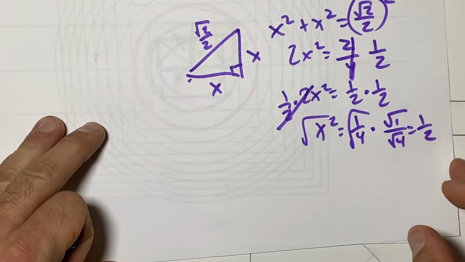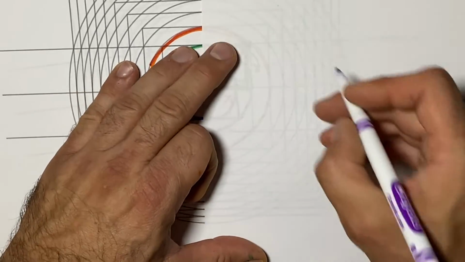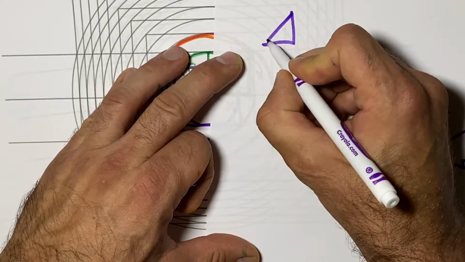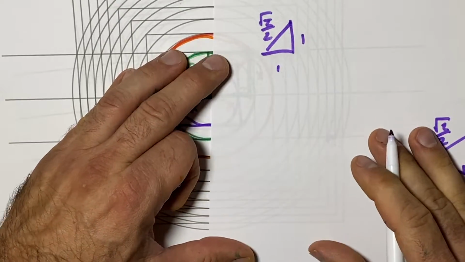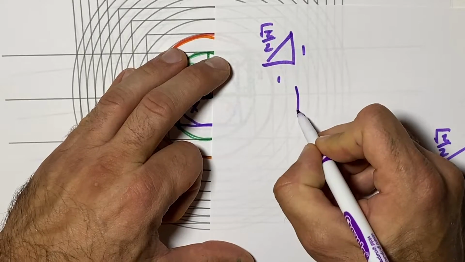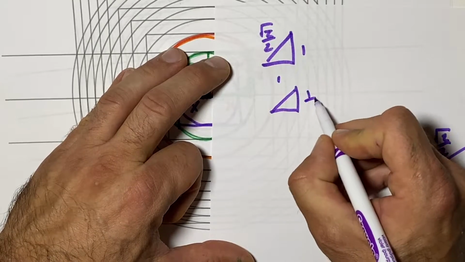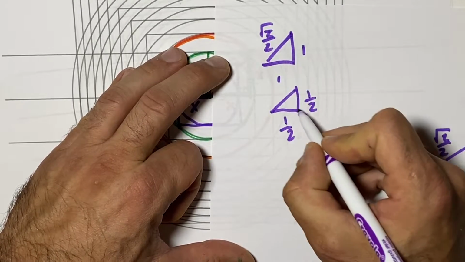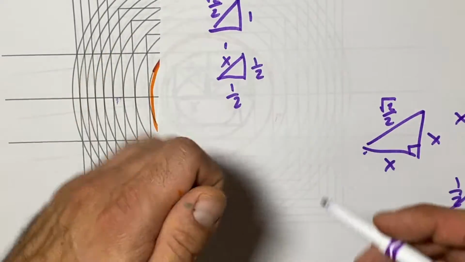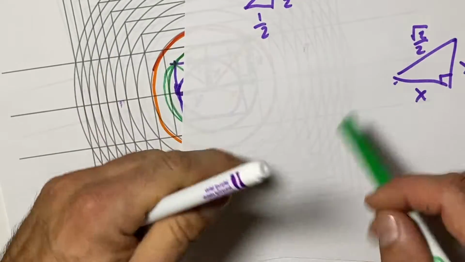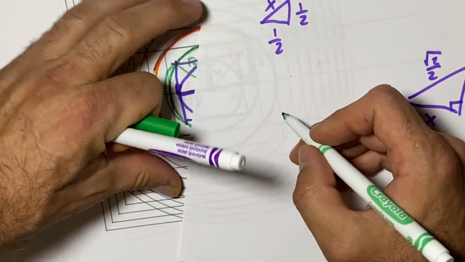So we can continue this pattern, right? We had 1, radical 2 over 2. Now we have 1/2, 1/2. And we'll do the Pythagorean theorem again.